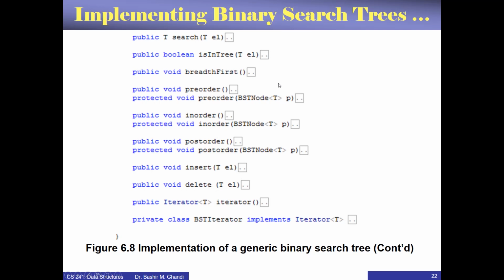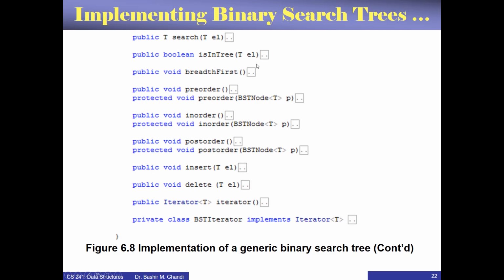We can categorize them into about 3 or 5 groups. First, there are the searching methods. There is search, which will take an element and return a similar element in the tree. And there is a Boolean version of it called isInTree, which will take an element and just tell you whether it is there or not.